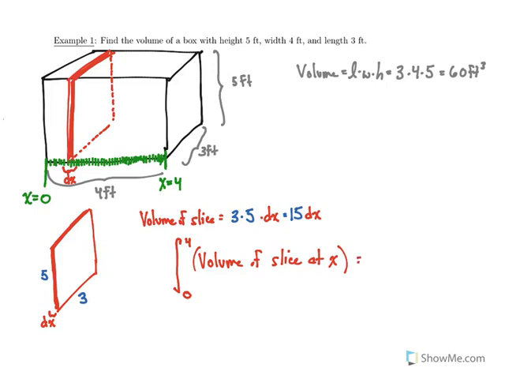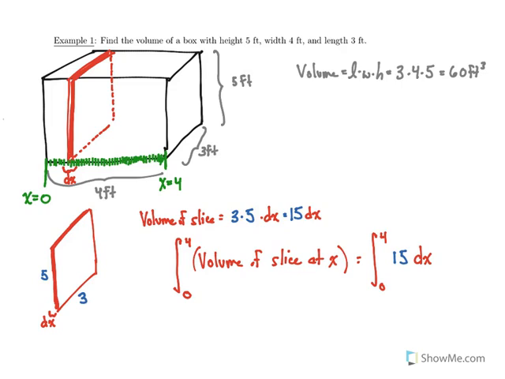In this case, that volume is the same for every x value. That's going to give us 15. And here's where the dx comes from, the thickness of the slice. The dx means something, and in this case it means the thickness of a slice.